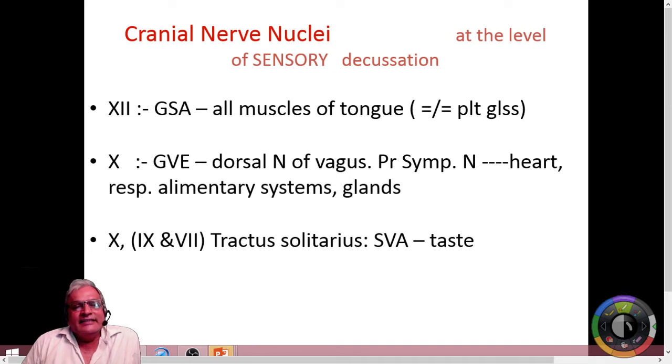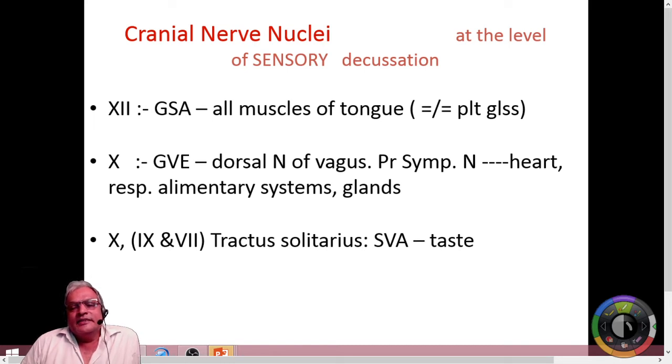It should be GSE, not GSA, it is GSE, efferent column. So that supplies all the muscles of the tongue. Please correct it, GSE.